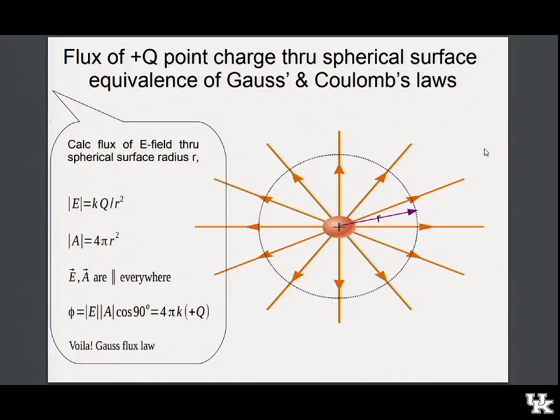And so we're going to calculate, if you look at that picture, we've got a positive charge in the center, point charge in the center, creates an electrical field. I've sketched the electrical field lines. They're coming radially outwards because it's positive charge.